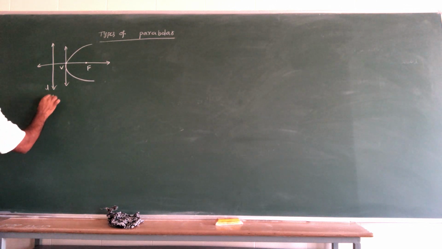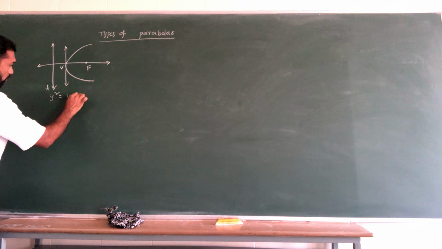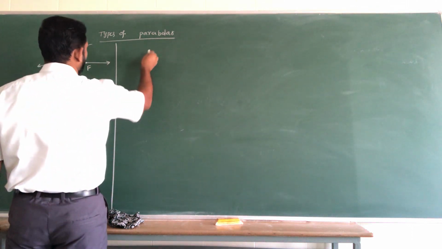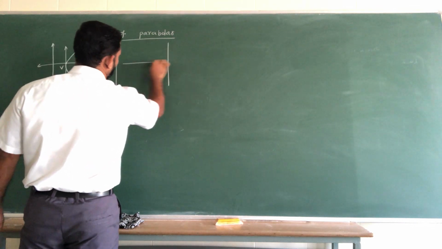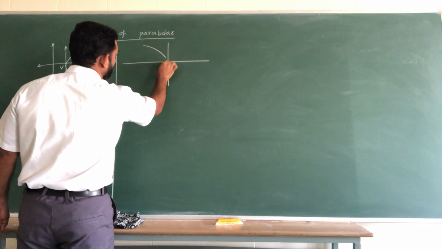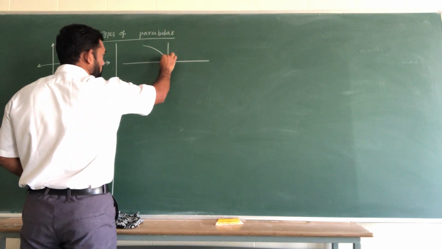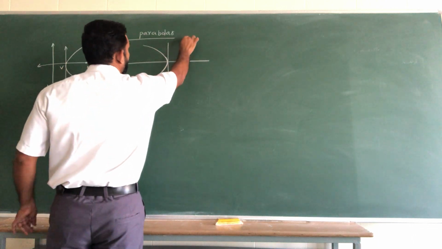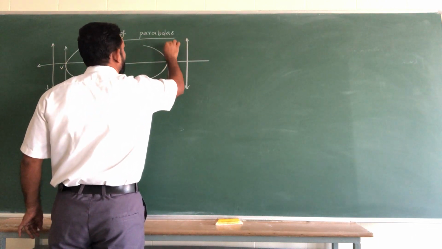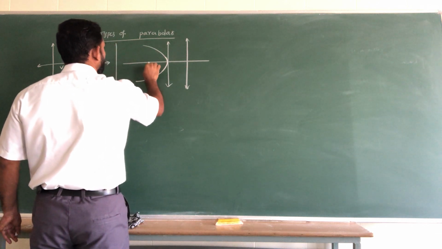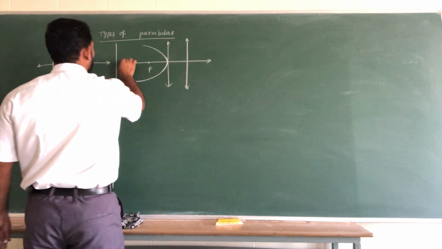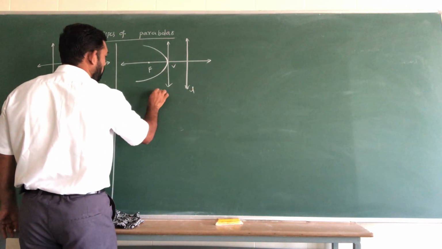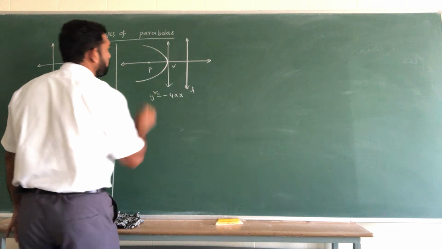This name is y square equal to 4ax. Next, second one. This is the focus. This is the vertex. This is y square equal to minus 4ax.